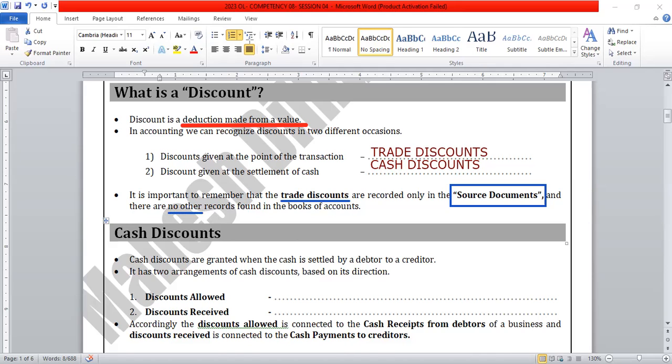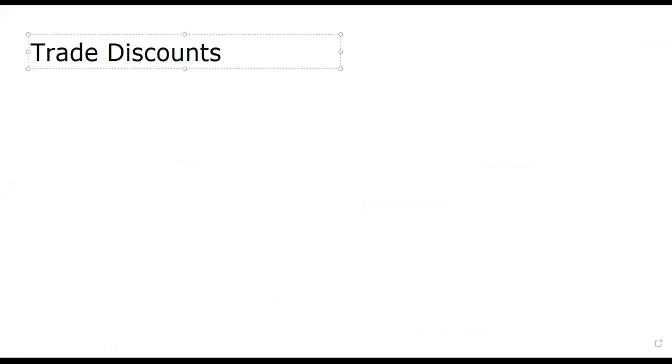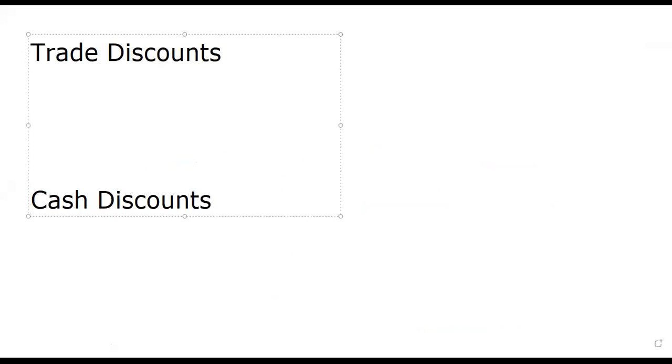Let me give you a small note here. We have two types of discounts: trade discounts and cash discounts.